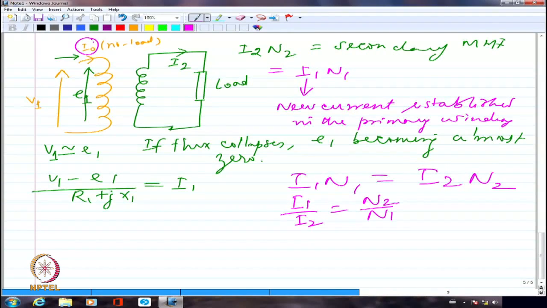It is bouncing back, and it will circulate such a current that it will nullify the new opposition it has faced from the secondary side. Only then will it return back to the original condition. So, I have to have I1 N1 as the MMF which will oppose I2 N2. Both have to be equal but opposite. Only then will I come back to the original status.